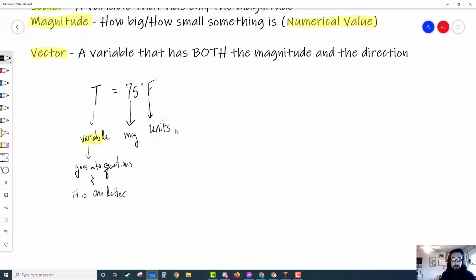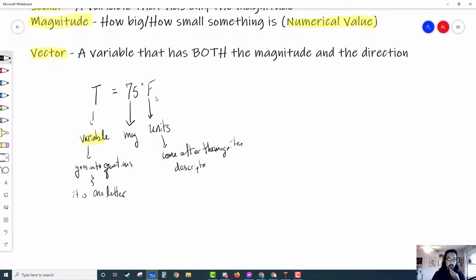Okay, one letter. Now, units come after the magnitude. Right? And you can think of it as the descriptor. It's a descriptor of the magnitude. It tells us what the magnitude is.